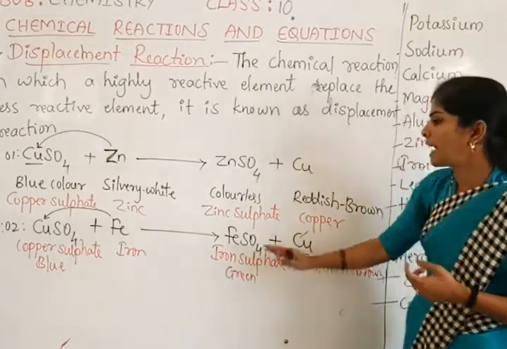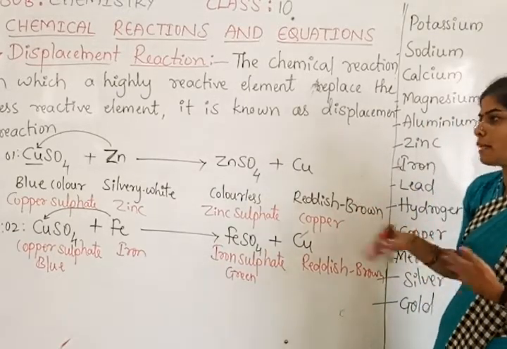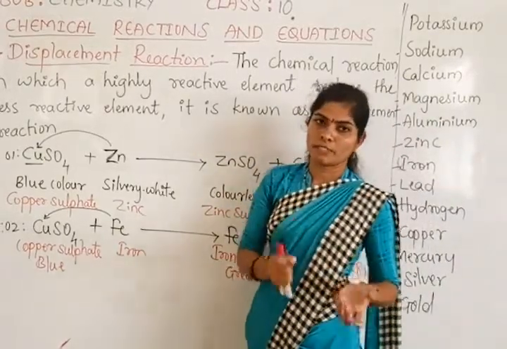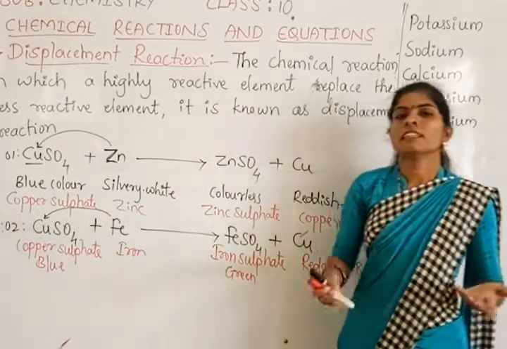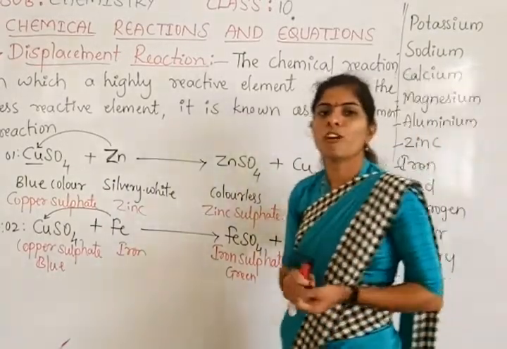Copper will be separated from that and deposited on the strip of iron. The reddish brown deposition we can see is nothing but copper.